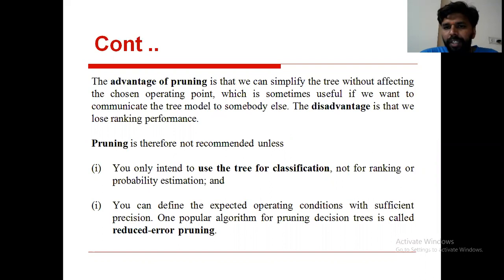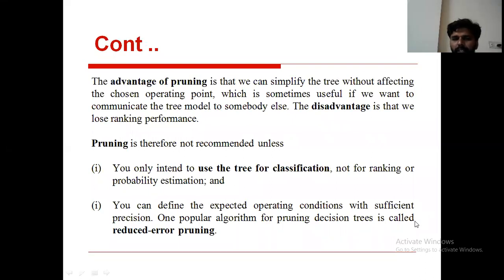If you perform pruning, some segments or child nodes are removed, and then you will lose the ranking performance. And one more point is you can define the expected operating conditions with sufficient precision.